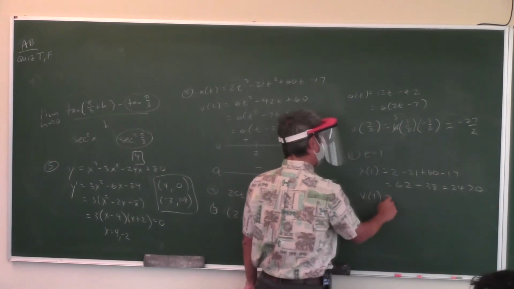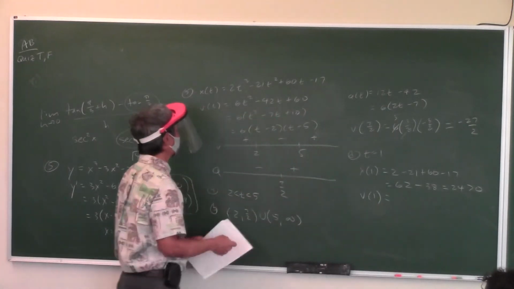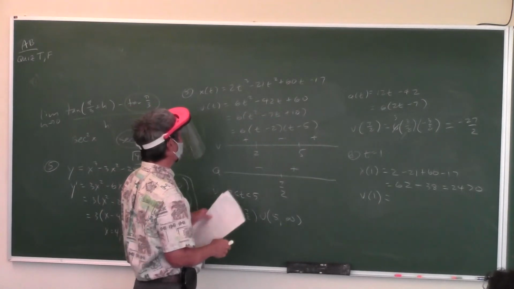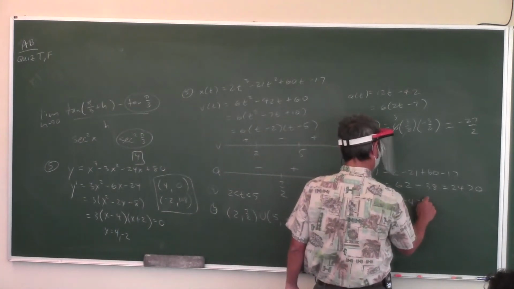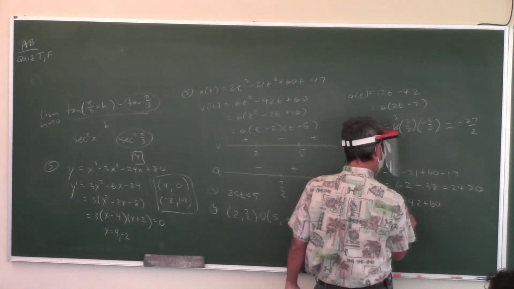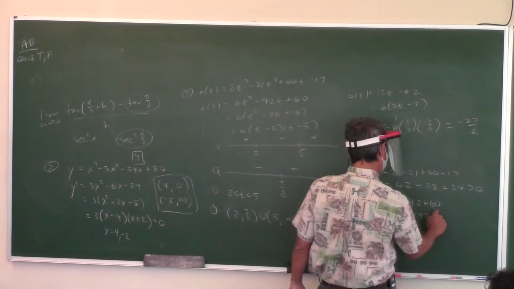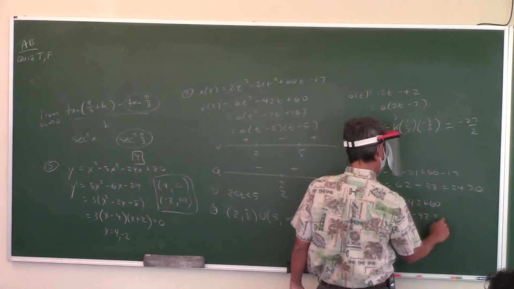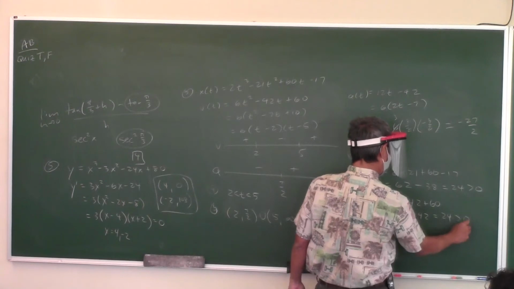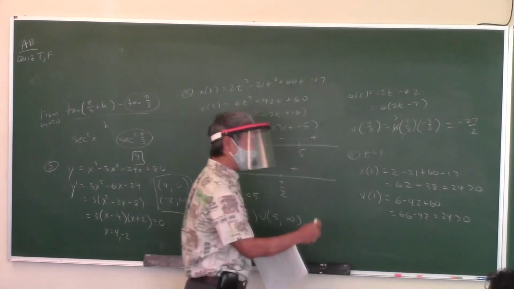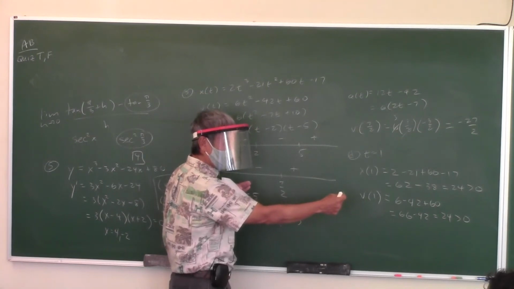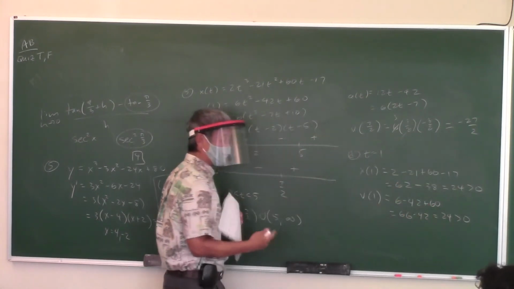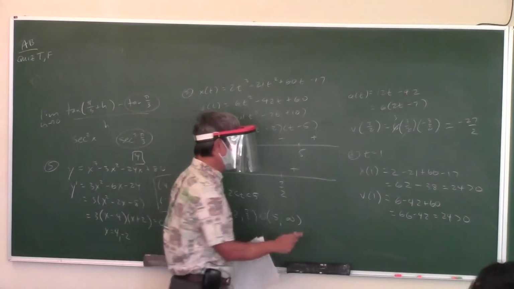Then, what is the velocity when t is 1? Plug it into the, doesn't matter which one you plug it in. Shall we plug it into the top one? So what is that? 66 minus 42, that comes out to 24, which is positive. So if the particle is to the right of the origin, and the velocity is positive, which means it's moving to the right, then is it moving away from the origin?